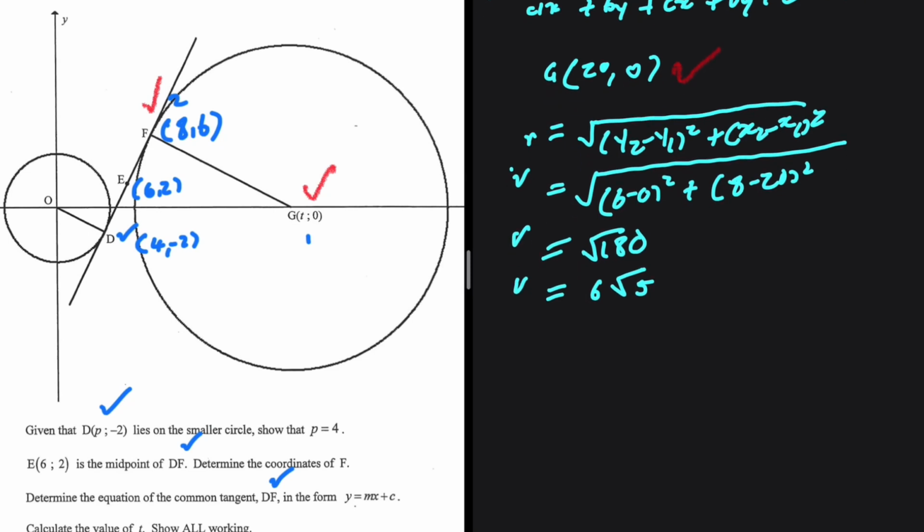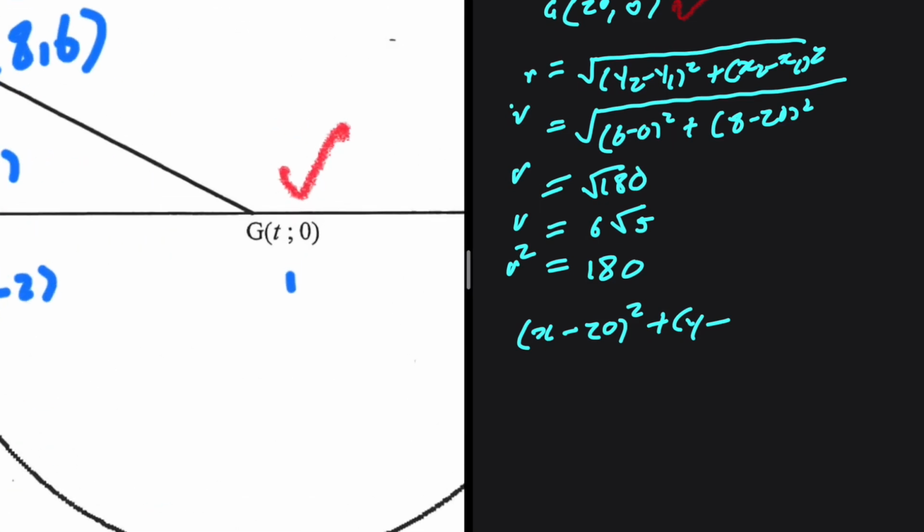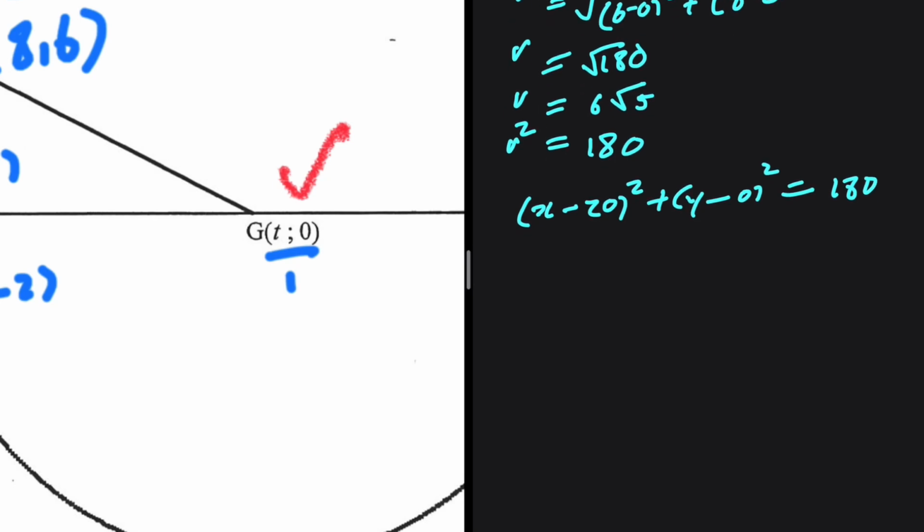If we go ahead and find r squared, it is going to be 180 if r is equal to the square root of 180. Okay, so right now we can have x minus the value of T, 20, squared, plus y minus the y coordinate of G, which is 0, squared, being equal to the radius squared, which is 180. Now what we need to do here is just to solve all this and take 180 to the left-hand side.